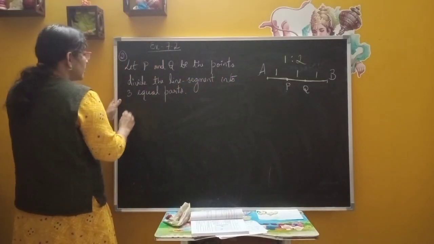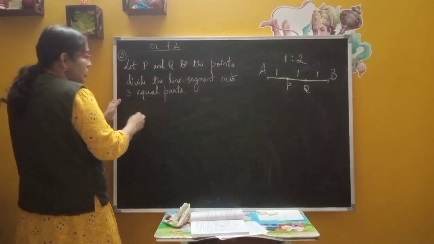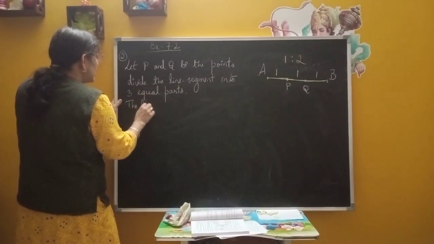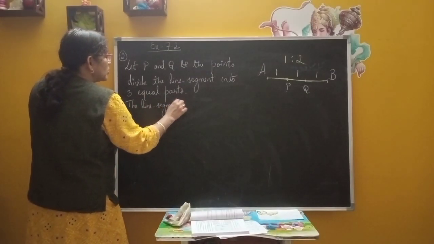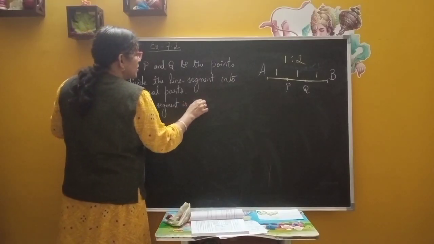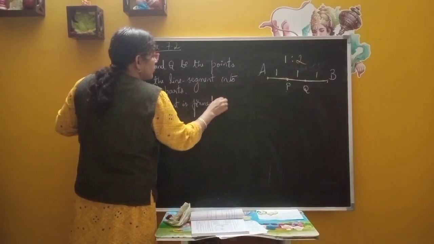The line segment is formed by joining which 2 points?